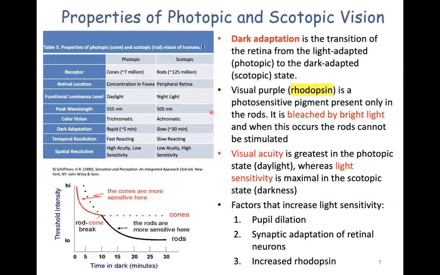Okay. So a little bit more about the properties of photopic and scotopic vision. There's a phrase called dark adaptation, which is essentially the transition of your retina from being able to see in a lot of light, moving to being able to see in very dim light. Now, naturally, as you can guess, the eye's ability to see color and see objects in very bright light is different from very dim light.